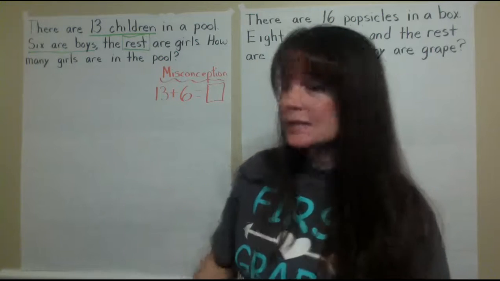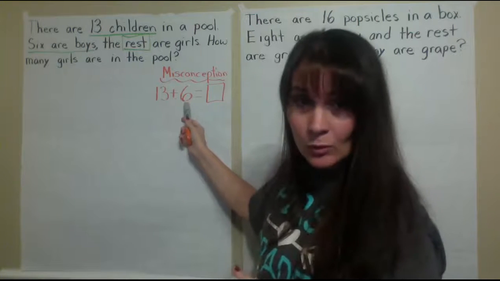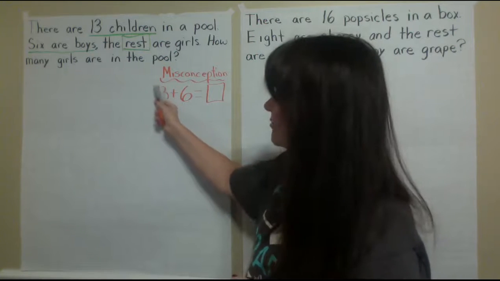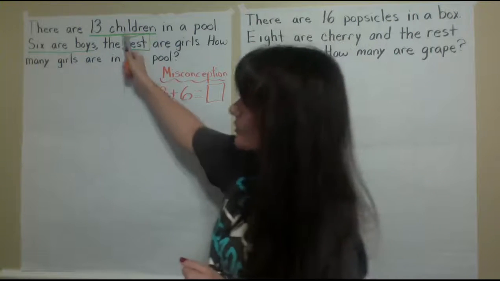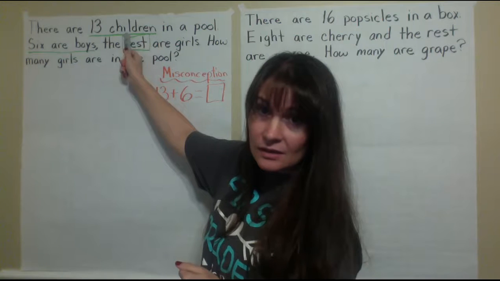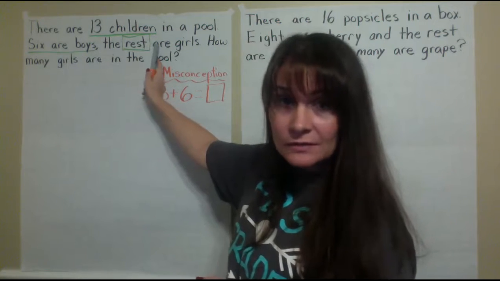So it's not asking me that there's 13 children and they added 6 more, because then I would have more than 13 students in the pool. It's asking me, out of those 13 students, if 6 of them are boys, how many have to be girls?